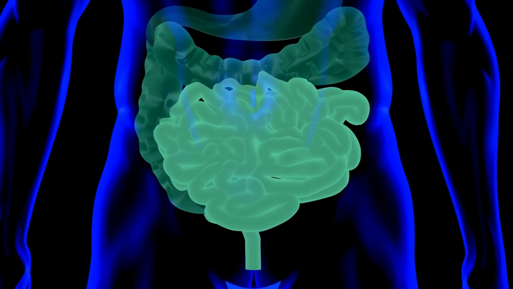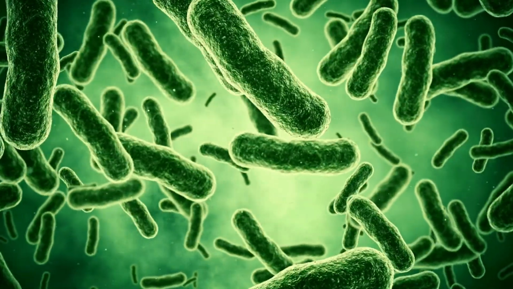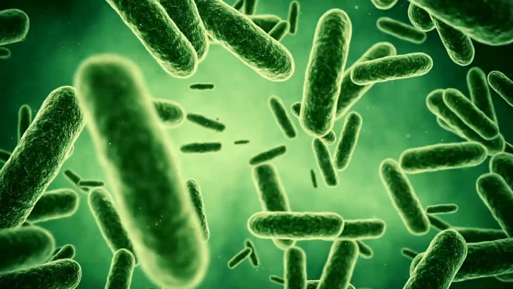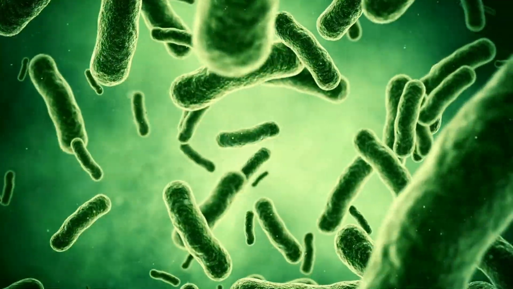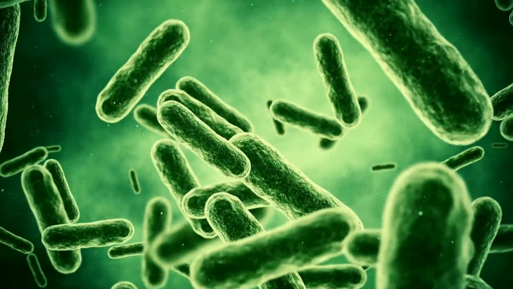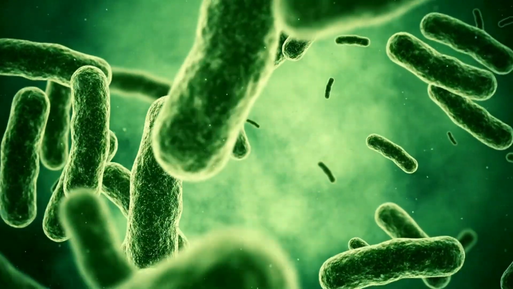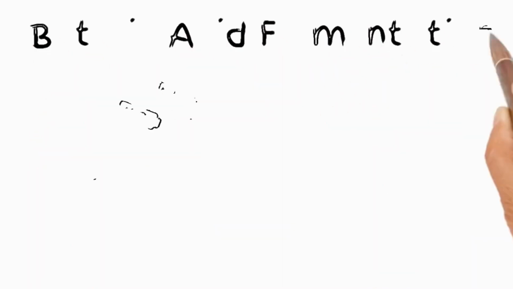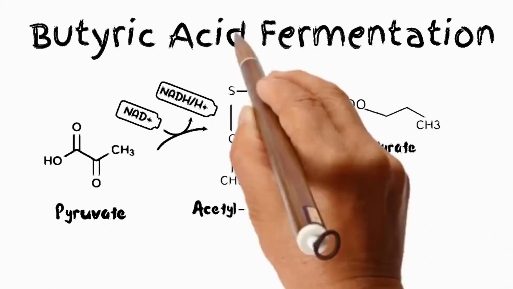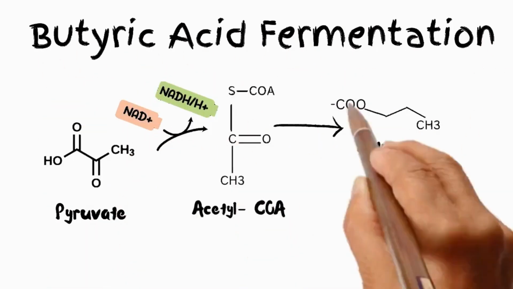So the fruits and vegetables that we eat, we really can't absorb them in that format. What our body does is rely on these bacteria that are found in our colon to break down this fiber into butyric acid that our body can now use. So for this one, the pyruvate is oxidized to form acetyl-CoA, which is then reduced to butyric acid.